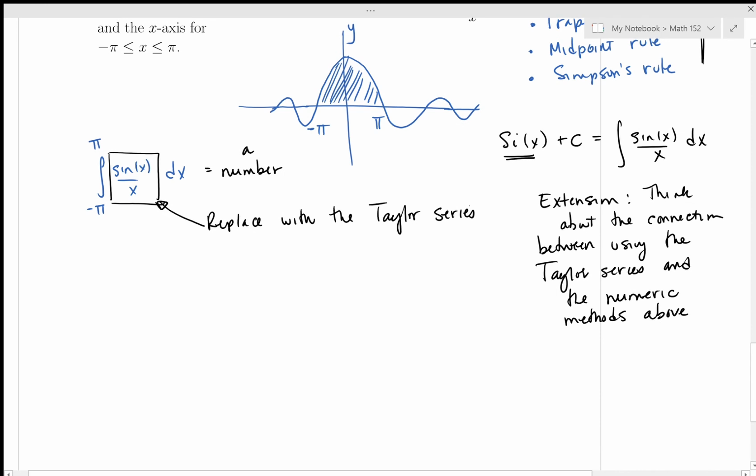So now I need to find the Taylor series for this function. And how am I going to do that? Well, I could do that by using the quotient rule and taking a zillion derivatives, but boy, that is painful. And so what I'd way prefer to do is recall that we already have seen the Taylor series for the sine function.